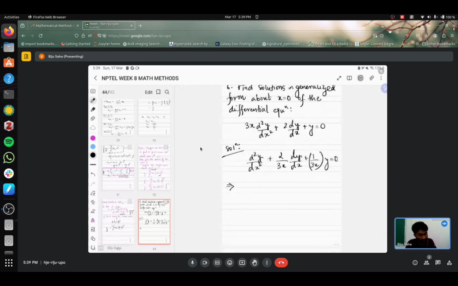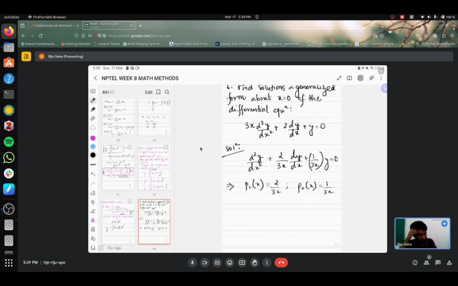Once we have written this, we can identify that P1(x) is equal to 2 by 3x, and my P2(x) is 1 by 3x.